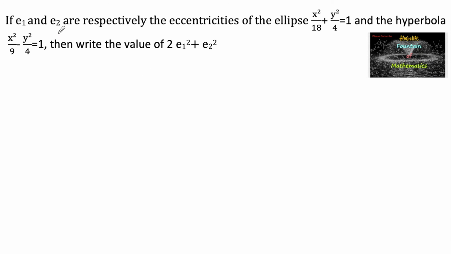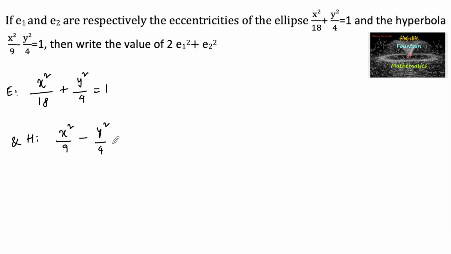If e1 and e2 are respectively the eccentricities of the ellipse x square upon 18 plus y square upon 4 is equal to 1, and the hyperbola is given x square upon 9 minus y square upon 4 is equal to 1, then the value of 2 times e1 square plus e2 square is.